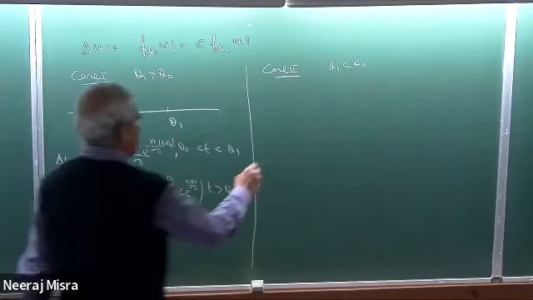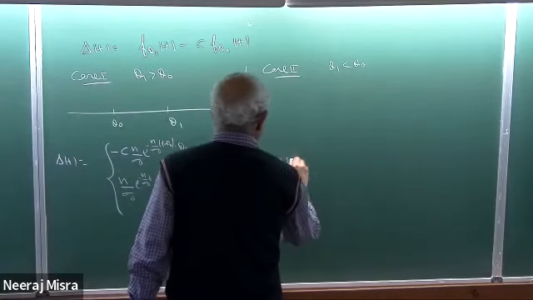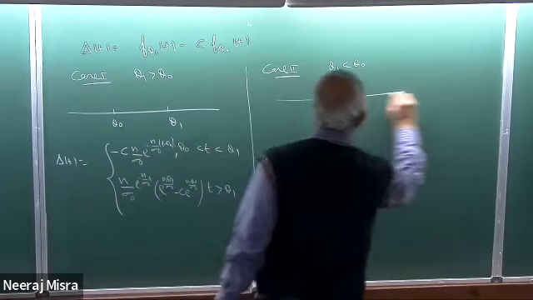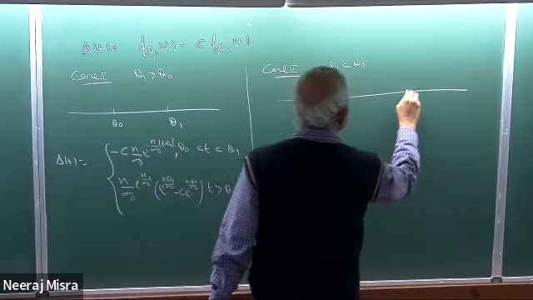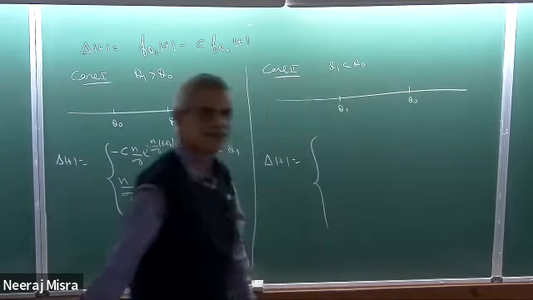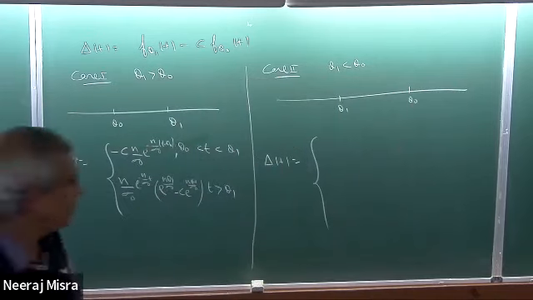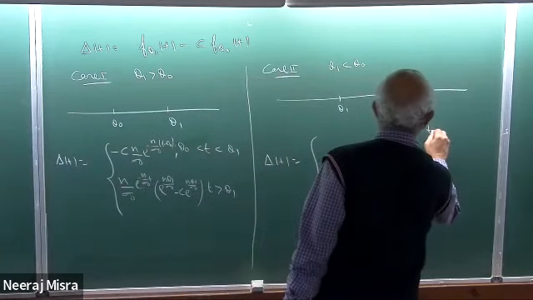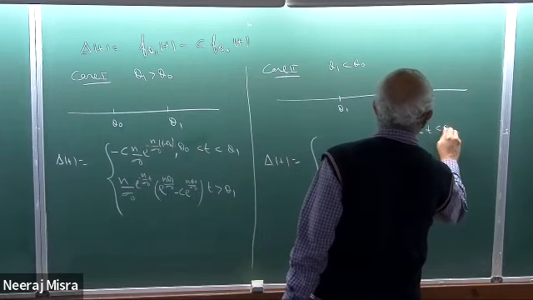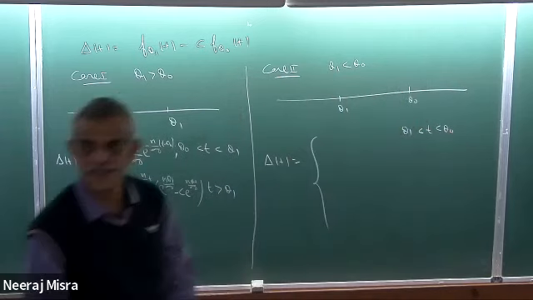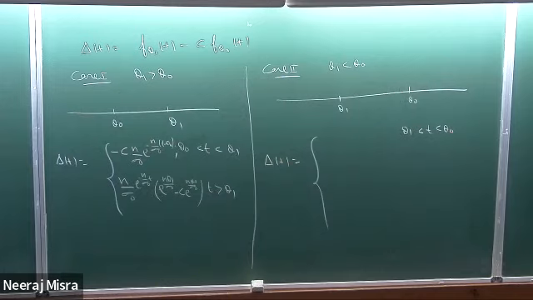In this case, for delta t, what do we want? Theta 1 is over here, theta naught is over here. So when t is between theta 1 and theta naught, your theta naught term is 0 and the f theta 1 term is there.